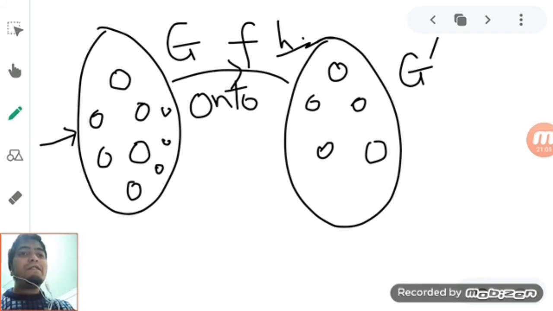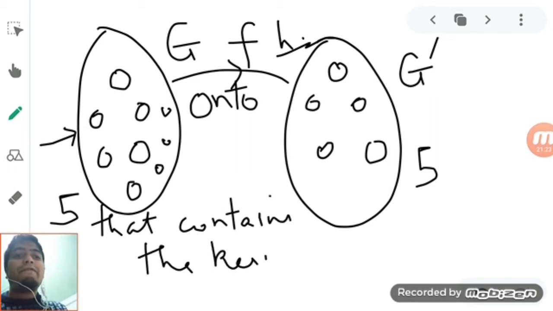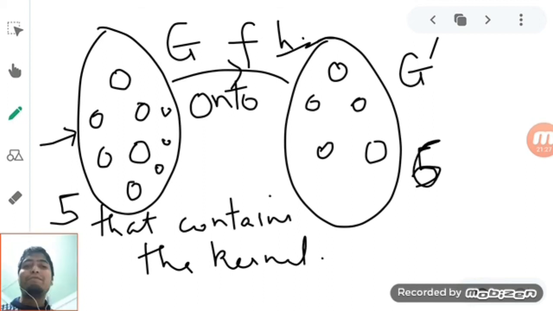Again, I repeat, suppose G dash has 5 subgroups. This theorem says that you can find exactly 5 subgroups of G that contain the kernel. Similarly, if you can find 6 subgroups of G dash, you can also find 6 subgroups of G that contain the kernel.